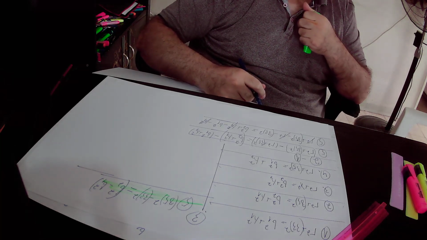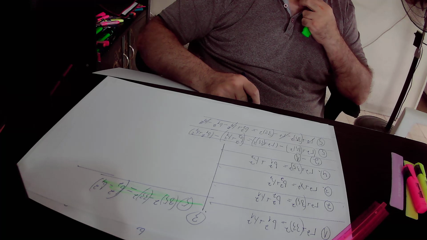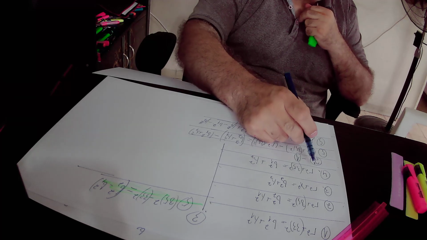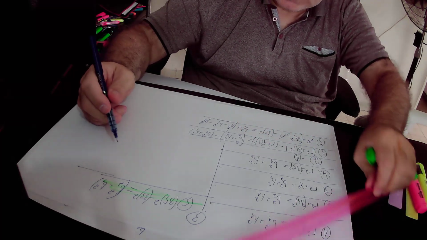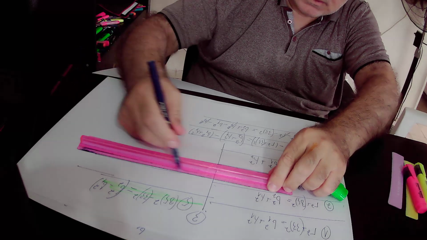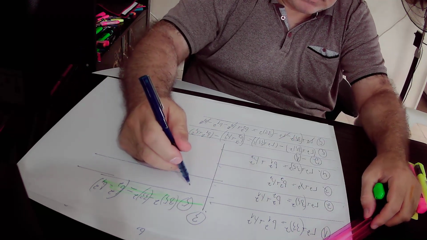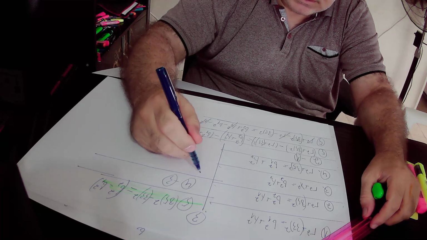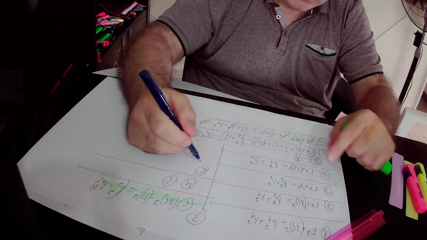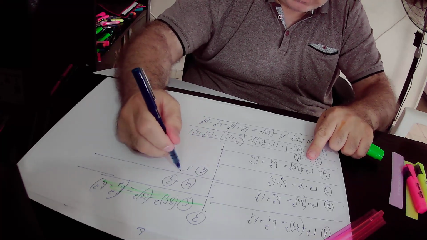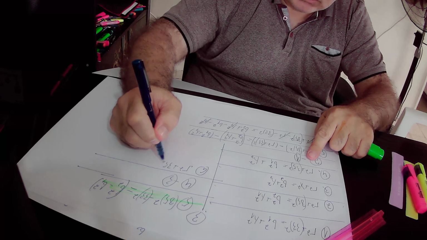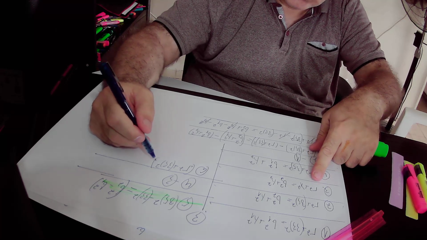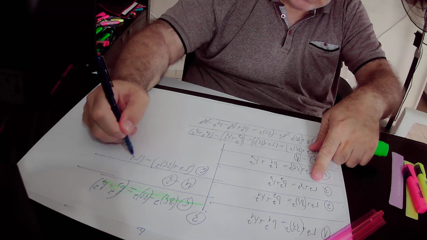In the next step, we subtract equation number 3 from equation number 4. Here, equation number 4 minus equation number 3 is actually, in equation number 4 we have r squared plus 35 squared minus equation number 3, that is r squared plus x squared.